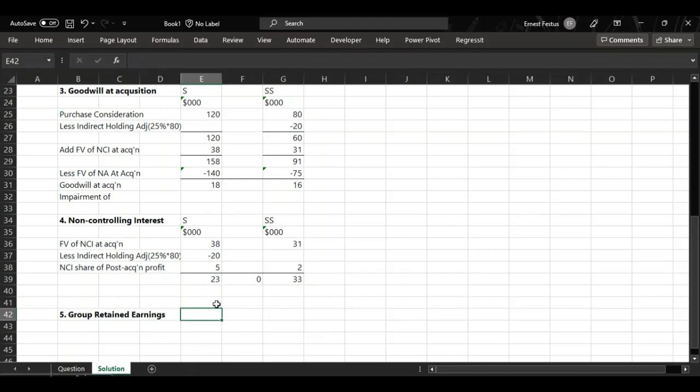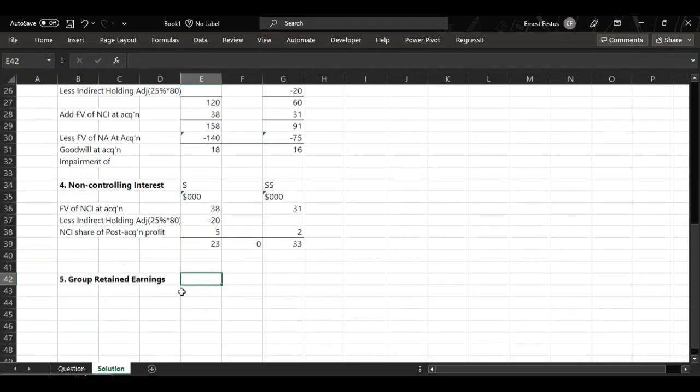Okay, so we have that, and then the last here is the group retained earnings. Now with the group retained earnings, we always pick 100% of the retained earnings of the parent.